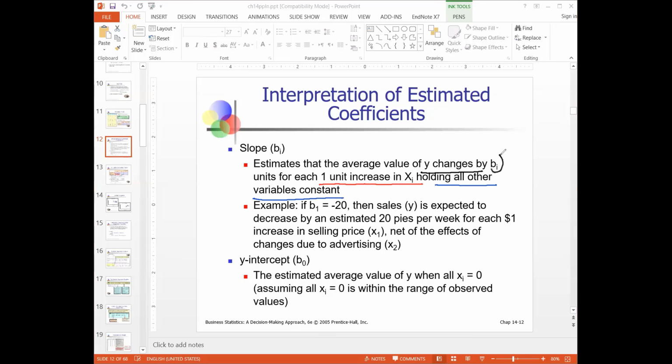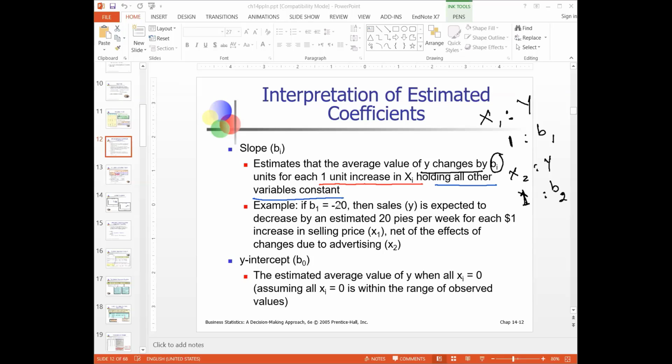That is B1. So if X1 changes by 1, Y changes by B1. If X2 changes by 1, then Y changes by B2. So it's a proportional thing.